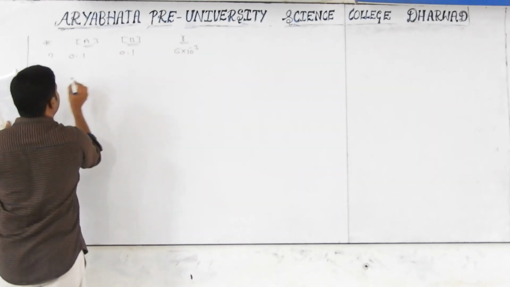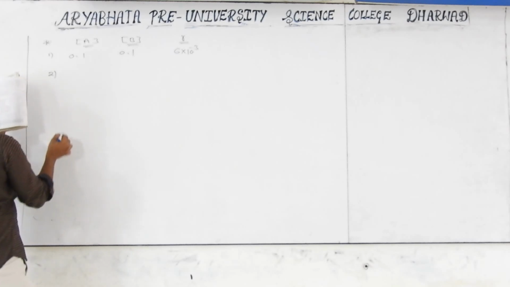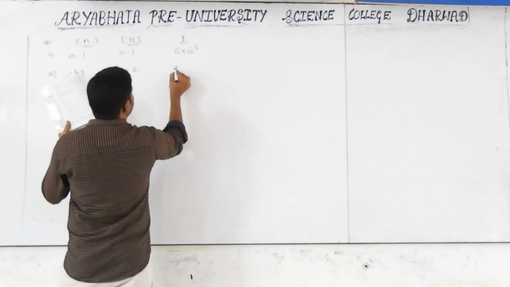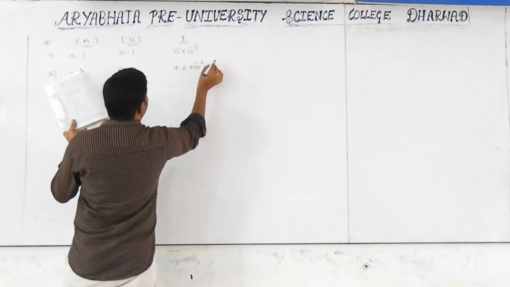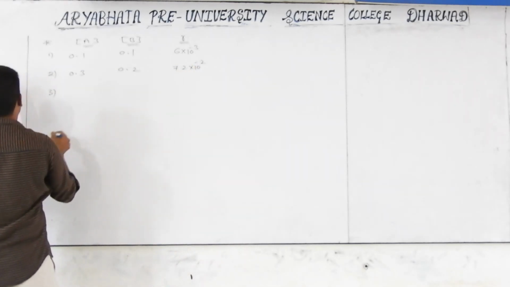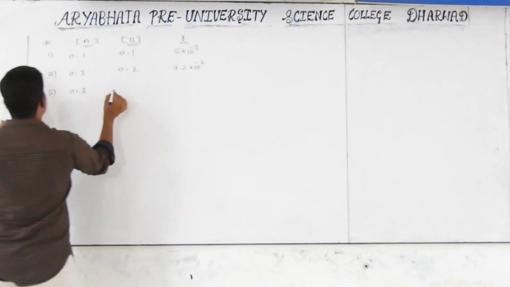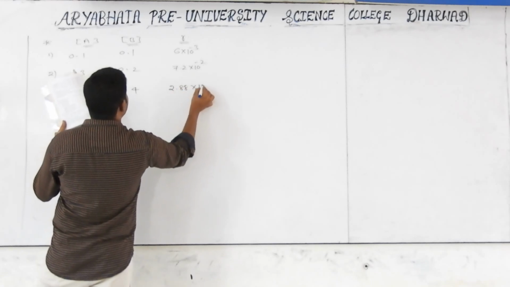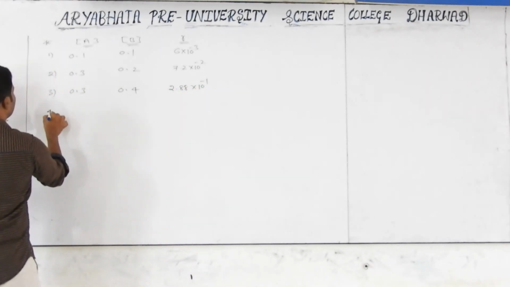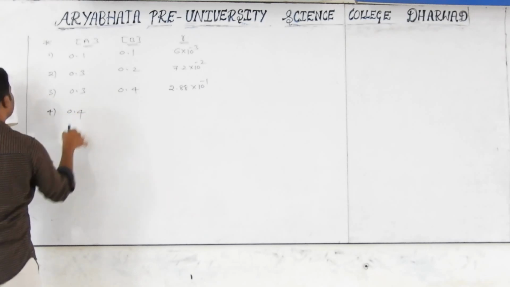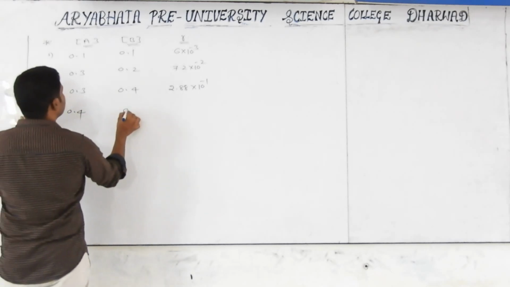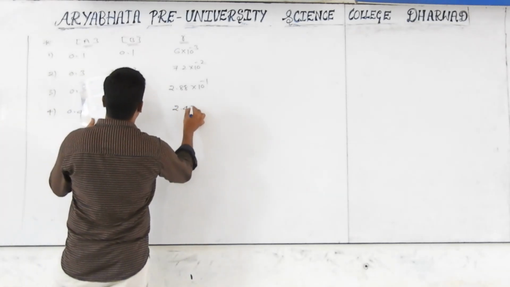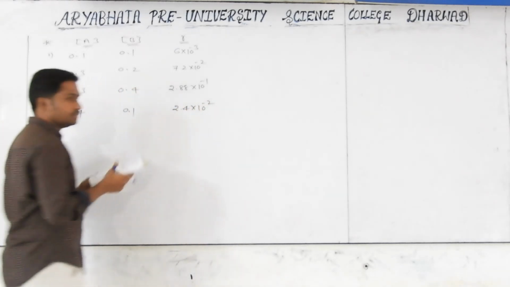Second experiment: 0.3, 0.2 and 7.2 into 10 to the power of minus 2. Third experiment: 0.3, 0.4, then the rate is 2.88 into 10 to the power of minus 1. Fourth experiment: concentration of A is 0.4, concentration of B is 0.1, then the rate of the reaction is 2.4 into 10 to the power of minus 2.